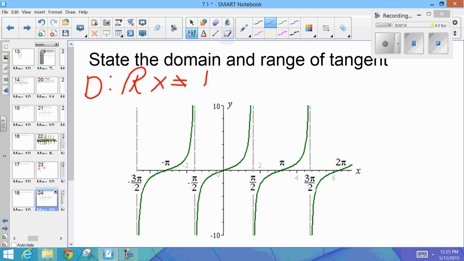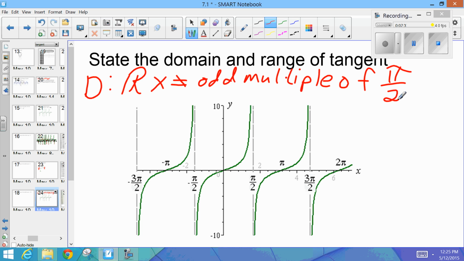Where x is not an odd multiple of pi over 2. The way that we write that in algebra is where x is not (2k plus 1) times pi over 2 for all k's that are integers.